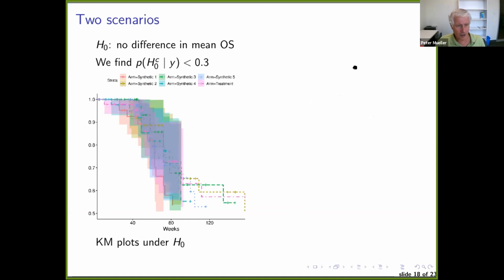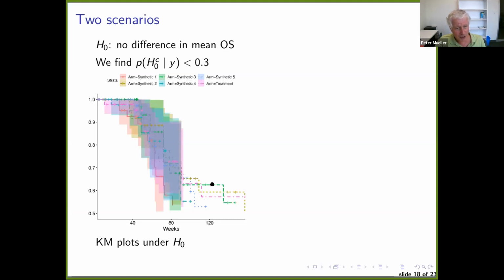Here is data from a little simulation that we carried out. One simulation is like a null scenario, where the new single-arm trial is set up to have no better survival than the previous trials. What you see here is one arm, the current treatment arm, which I think is the bottom one in that Kaplan-Meier plot.